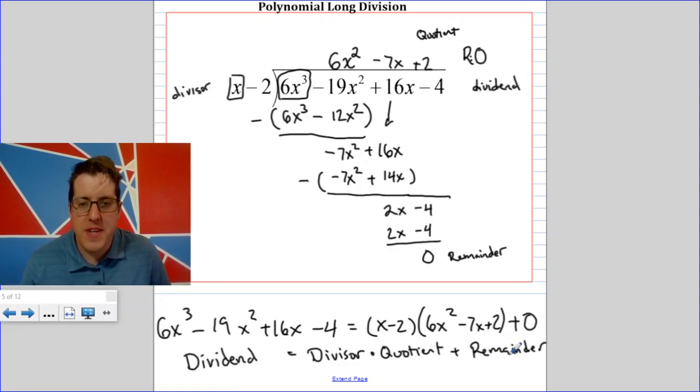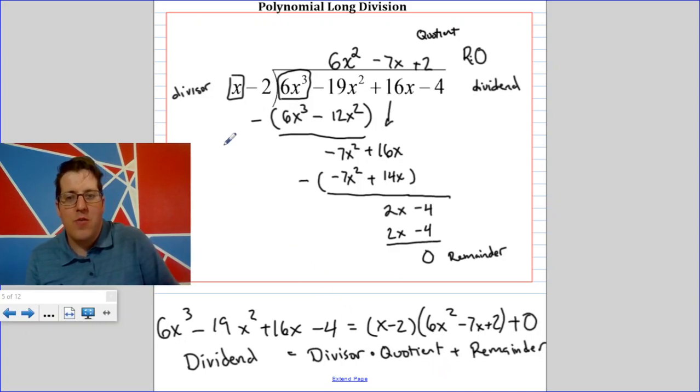So the dividend, the thing that we started with underneath the long division bar, equals the divisor times the quotient plus whatever the remainder happens to be. This divides out evenly because the remainder is 0.